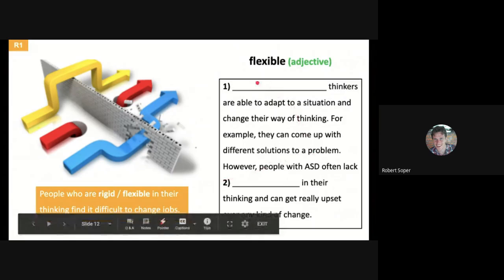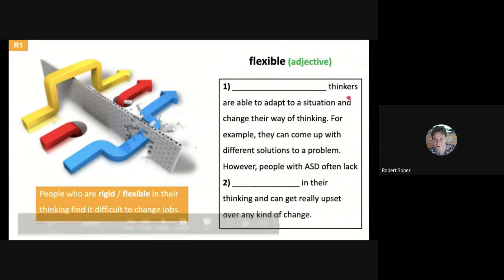So number 1 here was using the adjective form, flexible thinkers, and the adjective was describing the thinkers. So thinkers that are able to change and adapt what they're thinking about or their points of view.